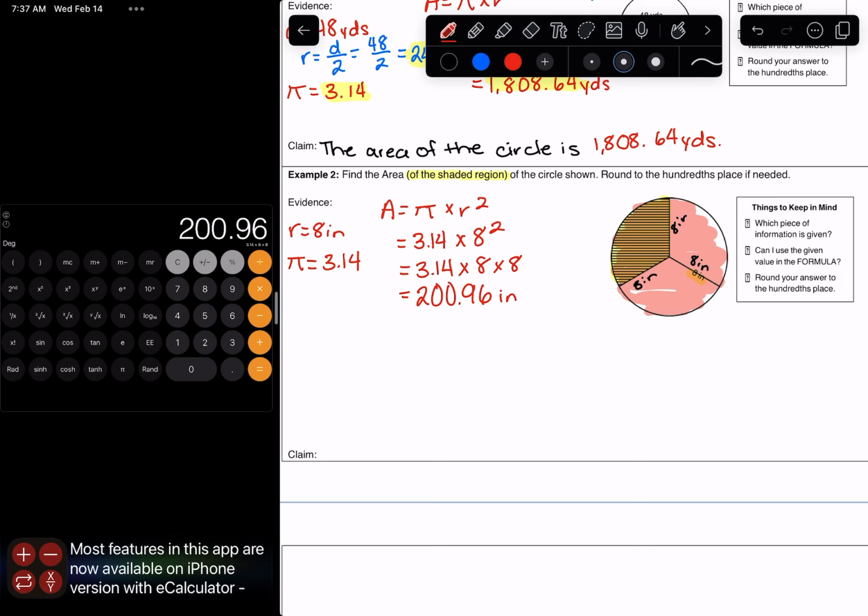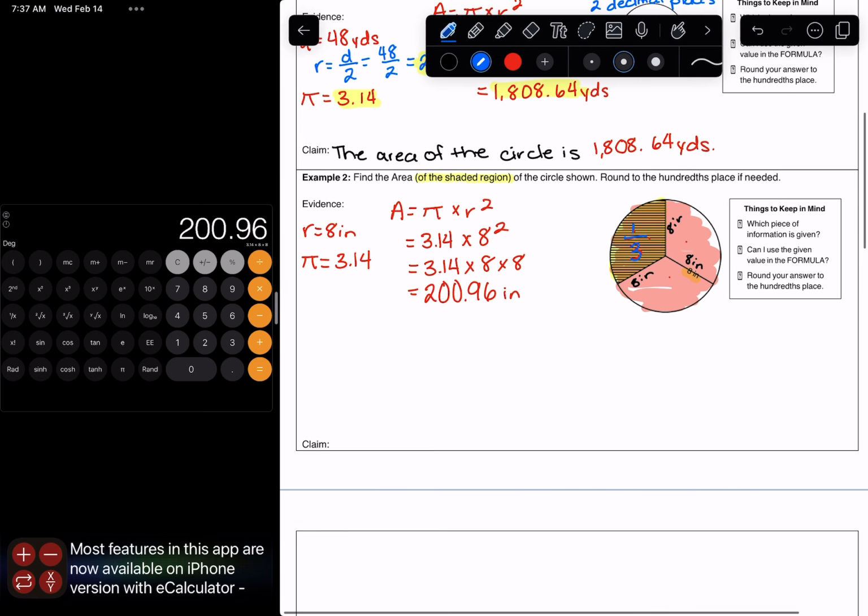If I count, the circle is broken down into thirds, 1, 2, 3 pieces. This is 1/3 of the whole thing. So what I'm going to do is divide this area by 3.